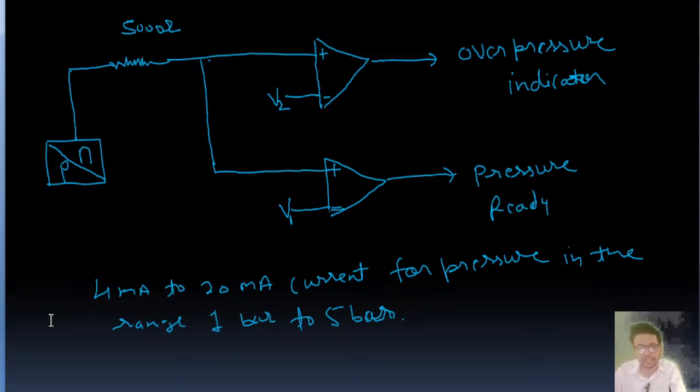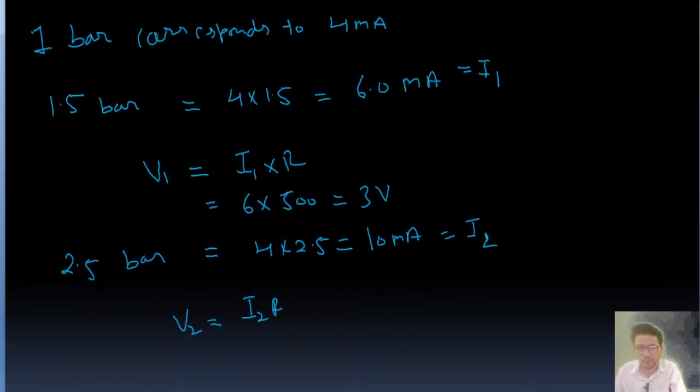It's 500 ohm, guys. So I2 into R is going to be 10 milliampere into 500, and this value in volt is going to be 5 volt.